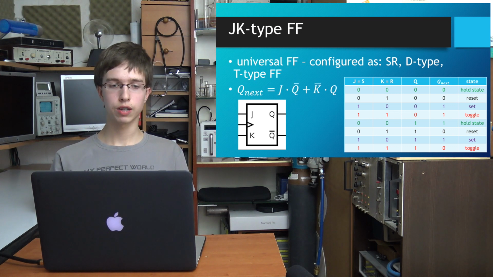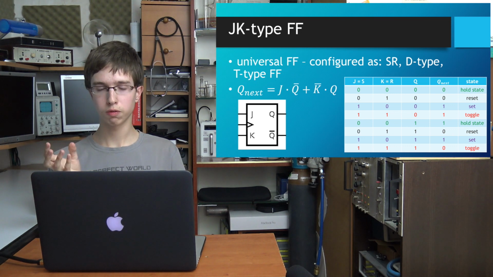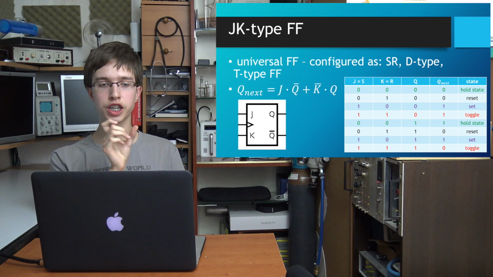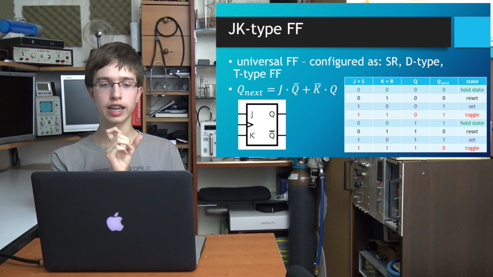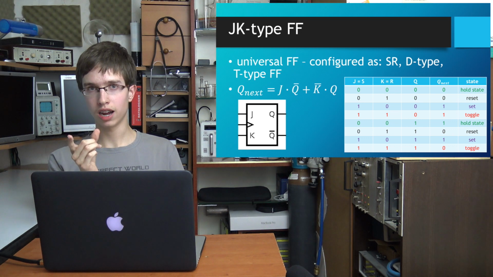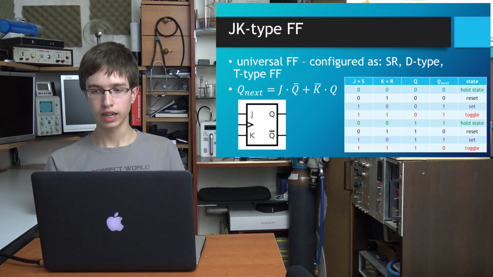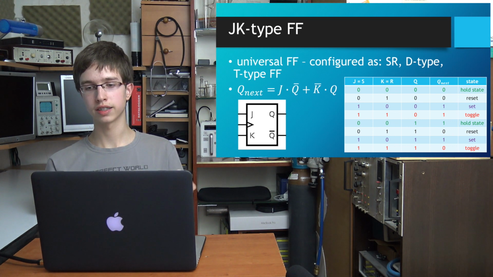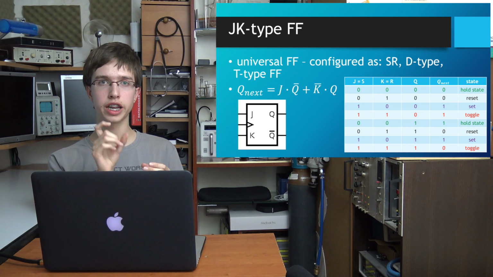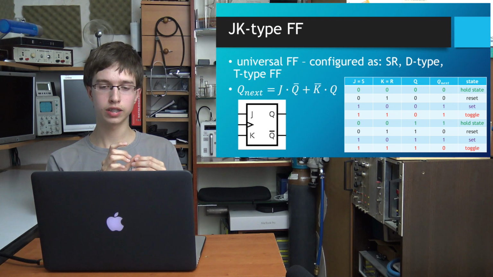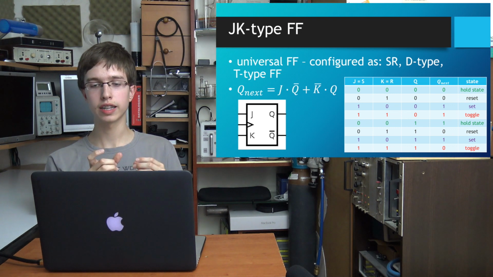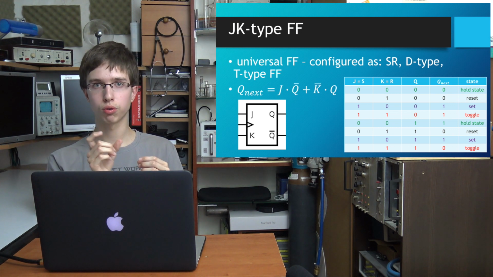It can be, for example, defined as SR flip-flop if we put that J input is equal to the set input in SR flip-flop and that K input is equal to R, so the reset input. It can also be configured as D-type if we put that J input is the complement of K, and to get T-type flip-flop, we set that J input is equal to K input.